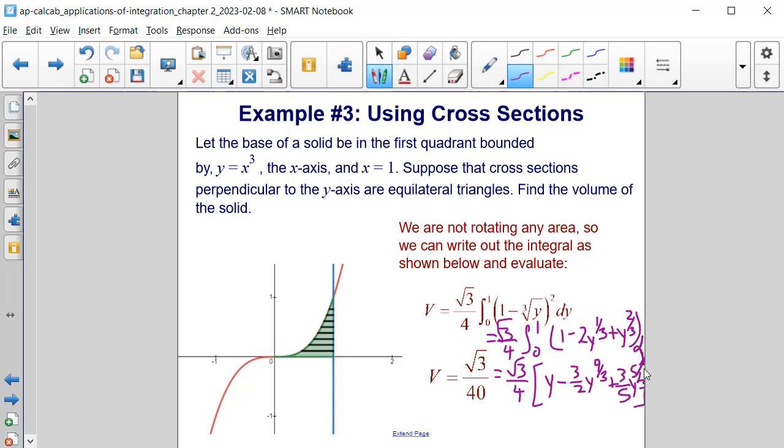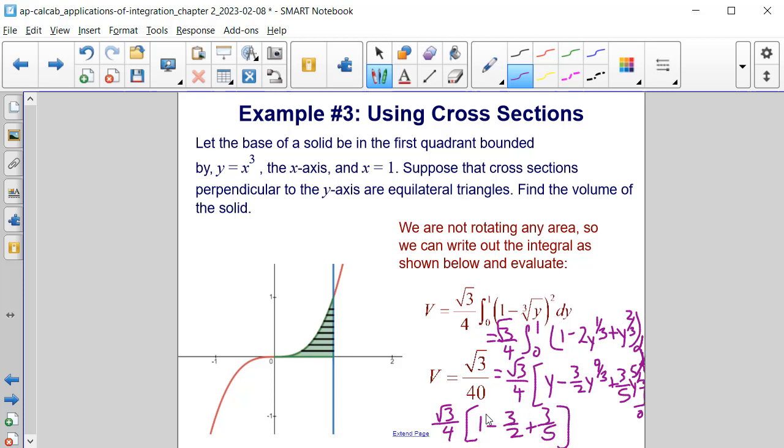And again, we are going to evaluate this from 0 all the way up to 1. Well, all of these will be 0 when we substitute that value in. So we really just have to evaluate this at 1 and finish. So that'll be the square root of 3 over 4 times 1 minus 3/2 plus 3/5.